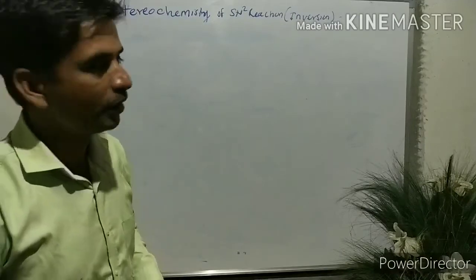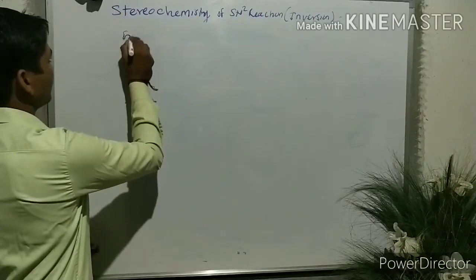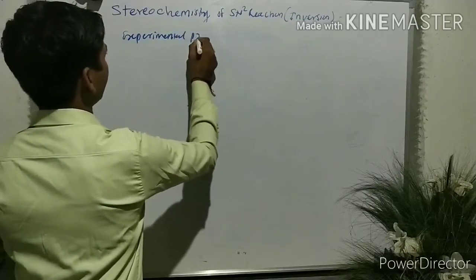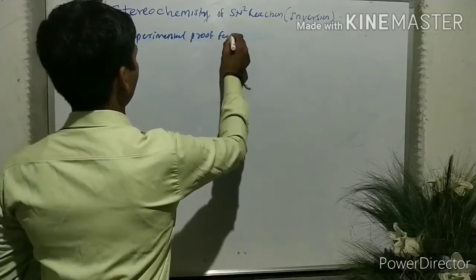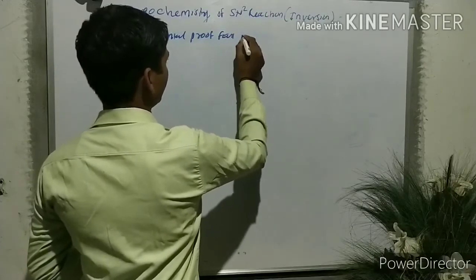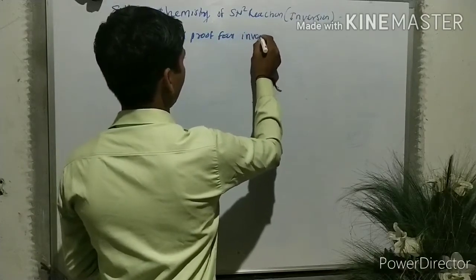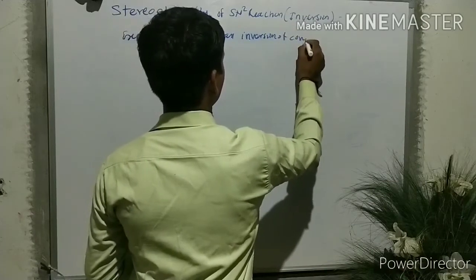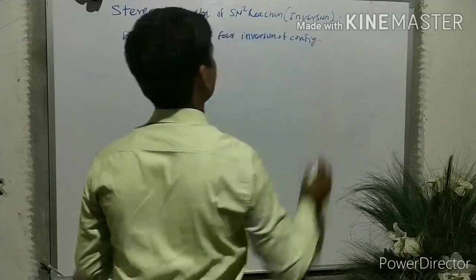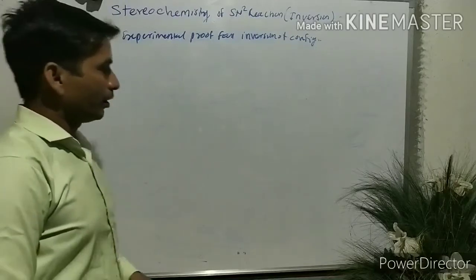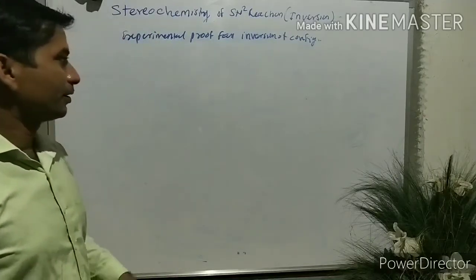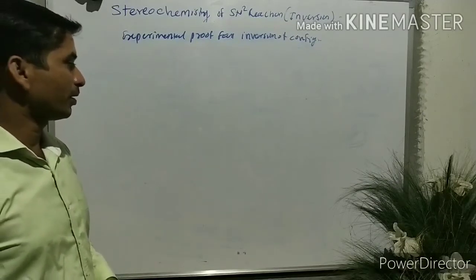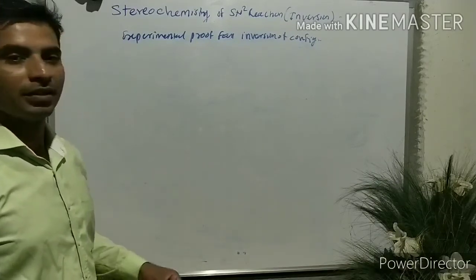Experimental proof for the inversion of configuration. For this purpose, we have to consider a chiral center in the molecule, because without a chiral center, we cannot distinguish the change in configuration.